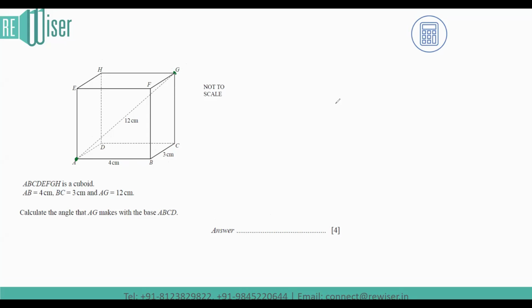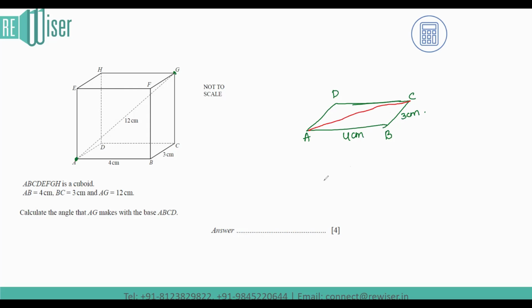If we consider the base ABCD, this is 4 centimeters and this is 3 centimeters. First, we can find the value of the diagonal, that is AC.